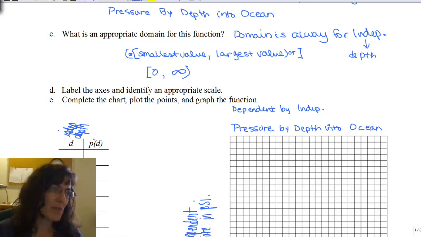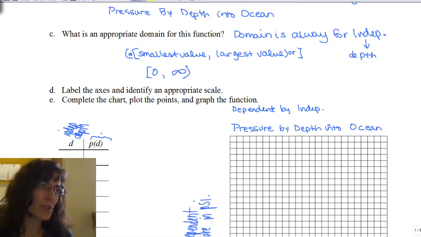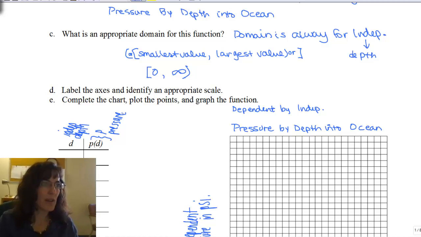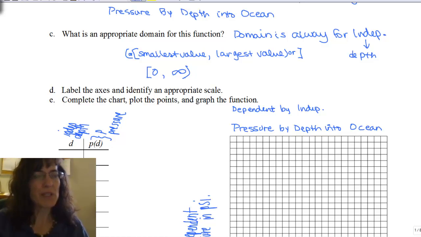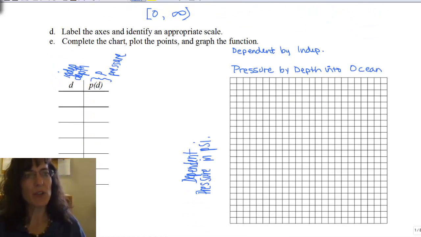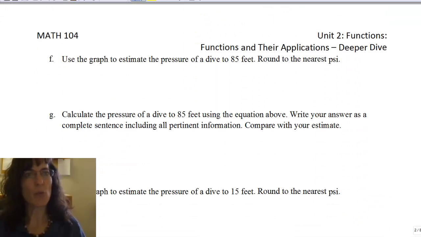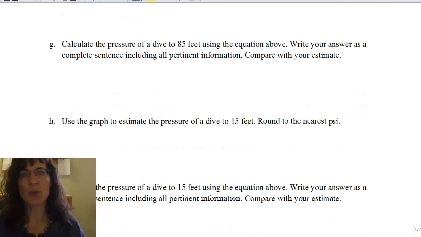And then the P of D altogether, that notation, is the same thing as the P, which is the pressure. And so then when I plug in some values for D, I can use them to help me graph. And I'm going to look at that a little bit more on the next problem. But remember, we're going to look at the 85 and the 15 and make sure that I include those on my graph.